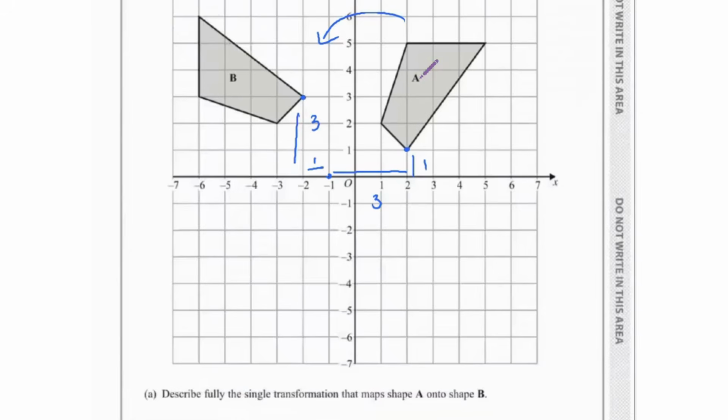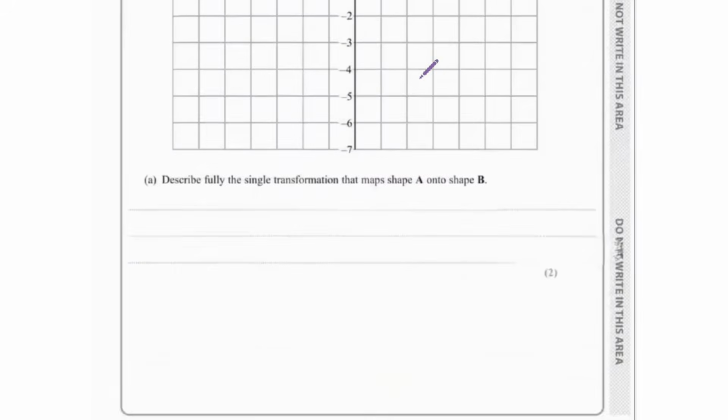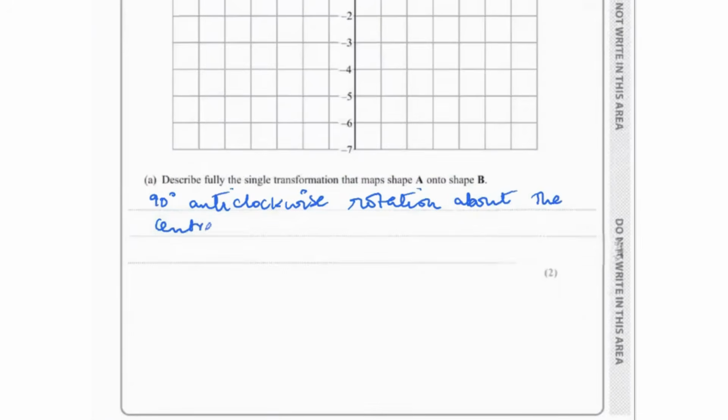It's 90 degrees anti-clockwise rotation about the center, -1, 0. So far the questions seem quite straightforward, like nothing out of the blue.